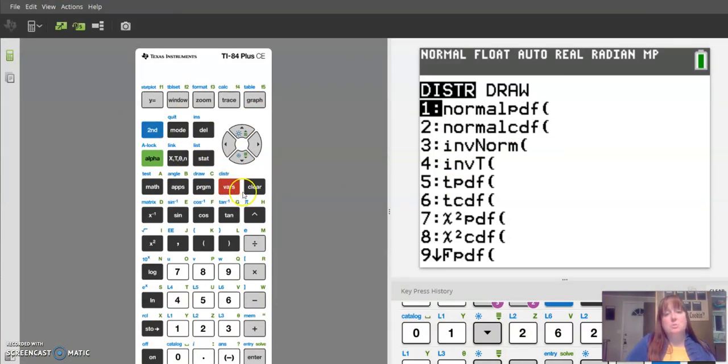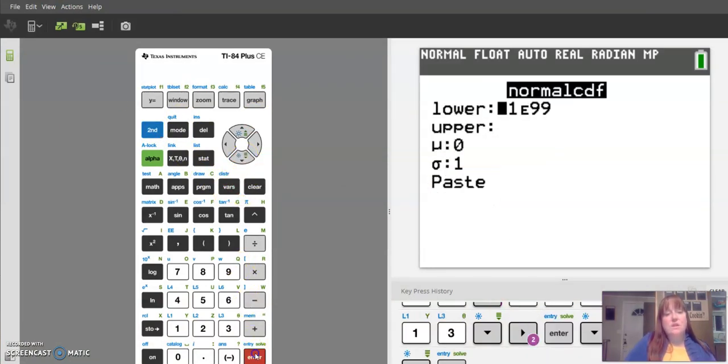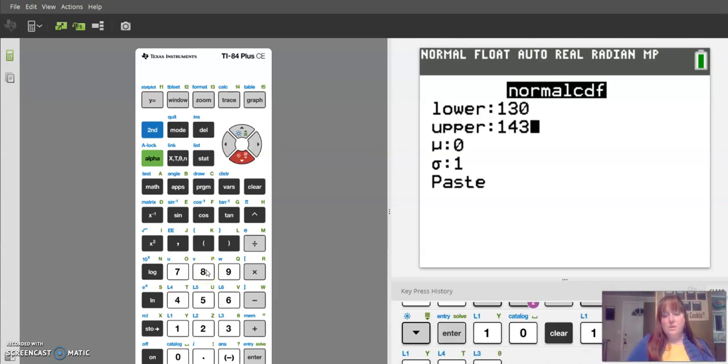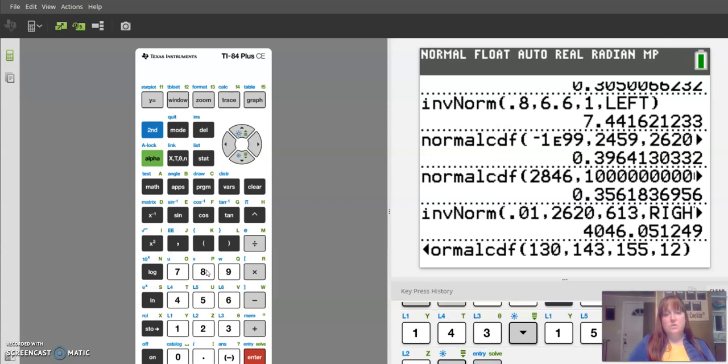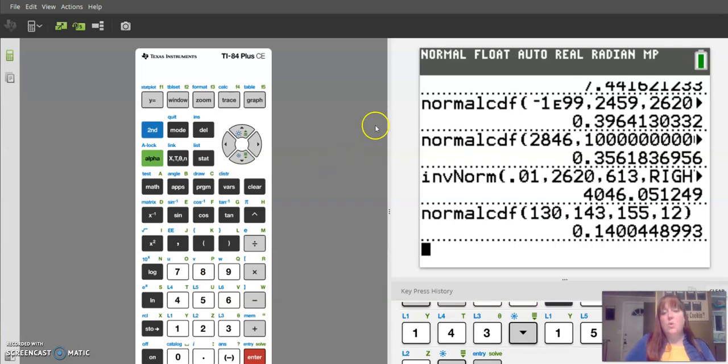So we go to distribution, we go to normal CDF, enter, and we want to go in between 130 and 143 with a mean of 155 and a standard deviation of 12. So we have 14% of her games are in between 130 and 143.